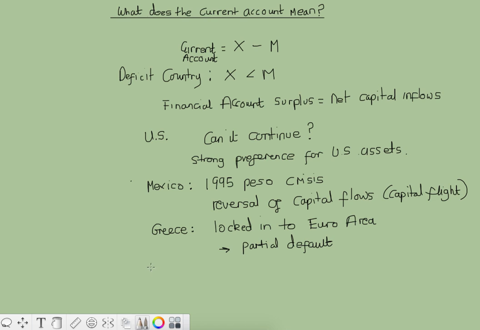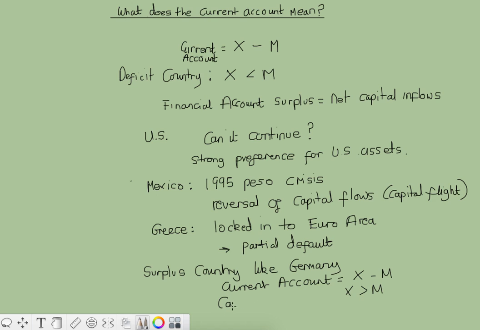A surplus country, of course, I'll just name one, for example, like Germany. Surplus country like Germany, they have a situation where on the current account, the value of exports is greater than the value of imports, so they have surpluses, so they are capital exporters.